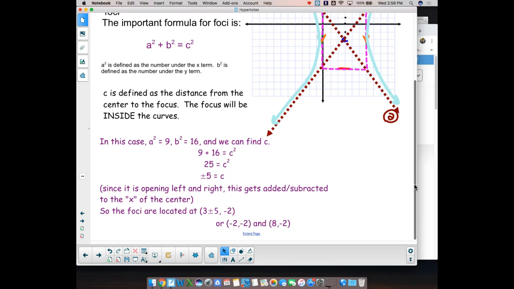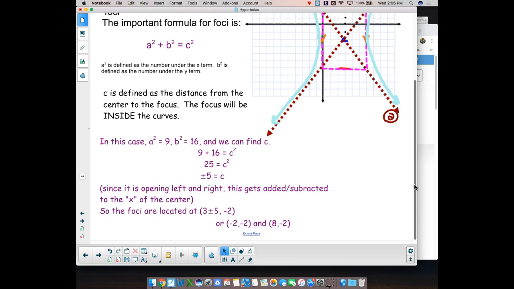But here, we can do that math. We know what 3 plus 5 is. It's 8. So write 8, comma, negative 2. We know what 3 minus 5 is. It's negative 2. So write negative 2, comma, negative 2. Okay? So when you can do the math, do the math. When you have to radicalize something, leave it in radical form.